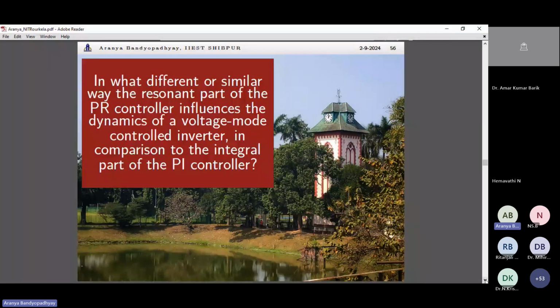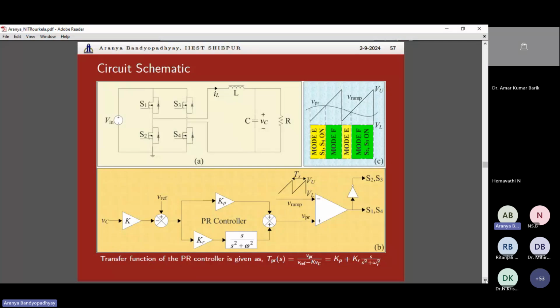Because if it is similar, then we need not go into the details of the stability analysis of this type of controller, right? Because a large volume of literature is already there for the case of the PI controller. So we'll just have to see whether the behavior is similar or dissimilar. This is the schematic diagram.